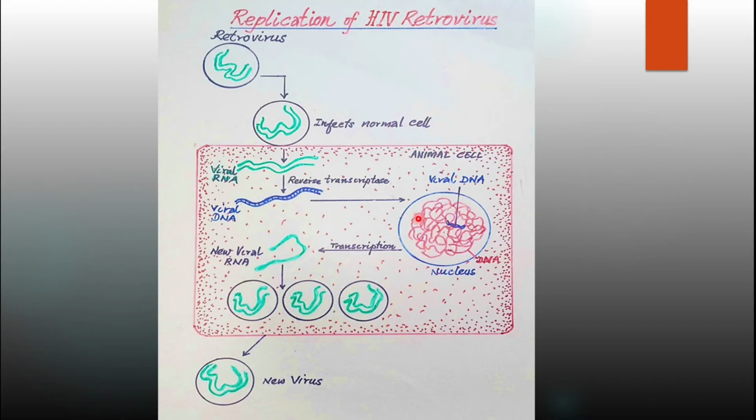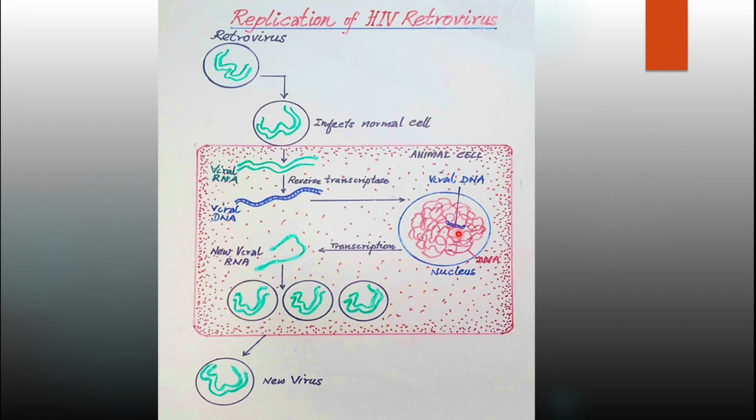Now when the human DNA undergoes transcription, the incorporated viral DNA also undergoes transcription by which new viral strands are produced. So the viral DNA continues to produce new viral RNAs. These viral RNAs now utilize the lipids of the macrophage and they are converted into new HIV viruses. This is then released out from the macrophage.